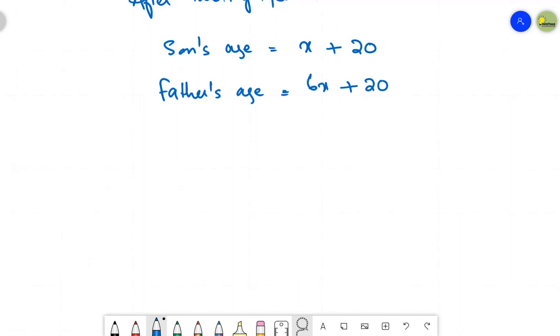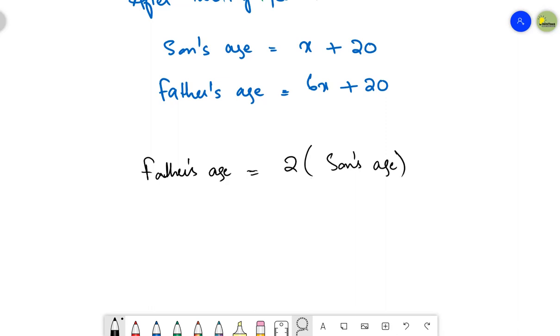It means I can write like this: father's age is going to be twice, meaning 2 times his son's age. Father is going to be twice as old as his son, so you need to multiply 2 to the age of son.